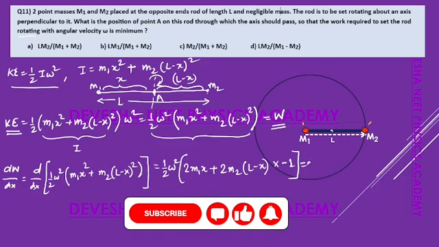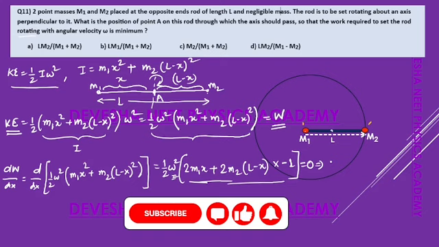Now this has to be equal to 0, right? Omega is a constant, it's outside, it is not going to change with x. So we need to check when this particular expression becomes 0.